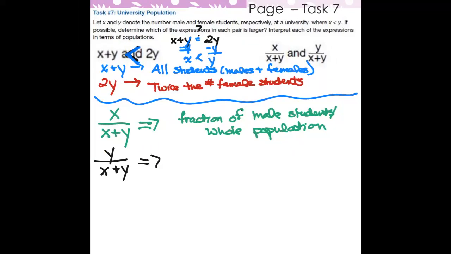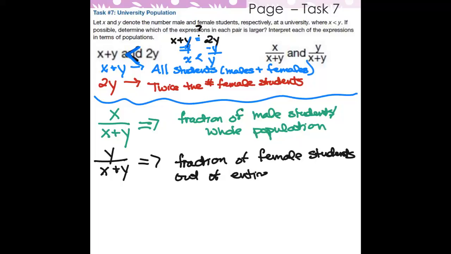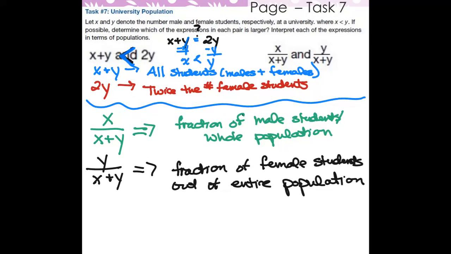And what is y divided by x plus y? Yeah. So this is the fraction of female students out of the entire population. So, which of these fractions would be larger?